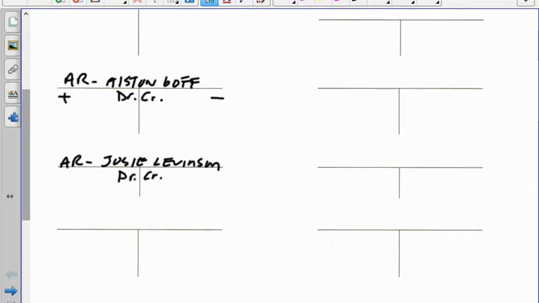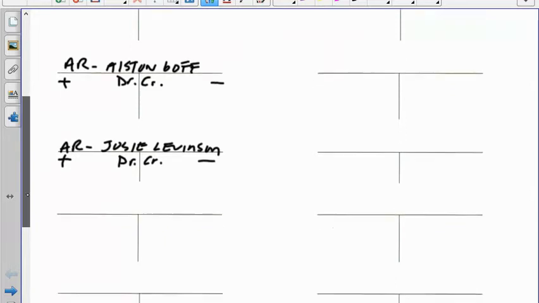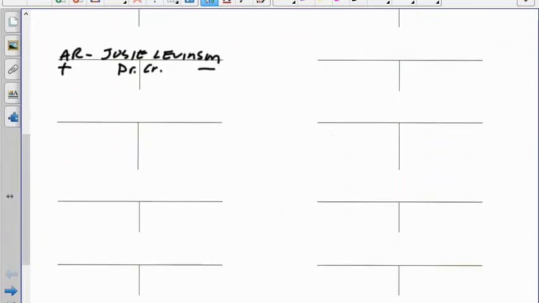Again, debit means left, credit means right. Left side of the accounting equation increases on the left side of the T account. We got supplies. Got prepaid insurance. Notice that I'm spelling all of these out.